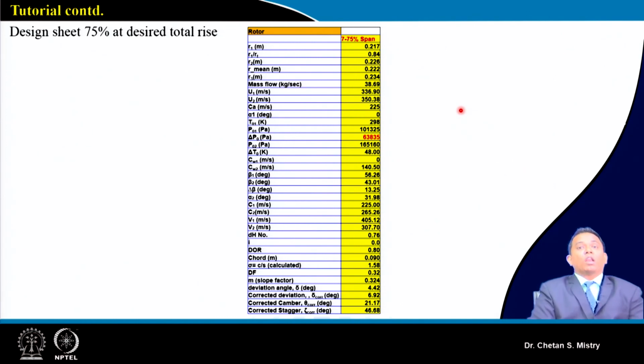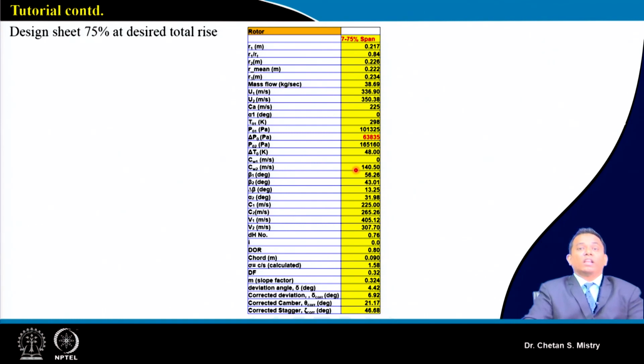We have done all our calculation at 75% of span. So, here you can see what we have done. We assumed our pressure ratio at the mid station, or 75% span, as what we are looking for. Based on that, we calculated delta P0 and delta T0, the velocity components at the entry and at the exit, and the flow angles at the entry and at the exit.